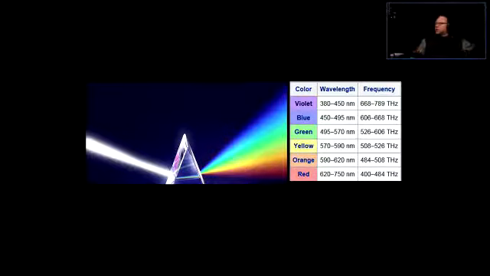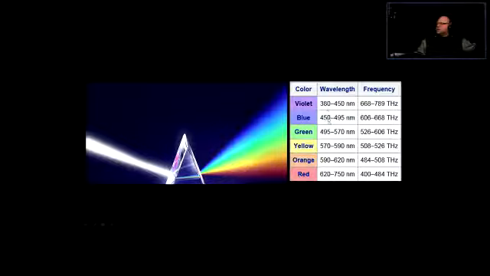Now we go to the other side of things, which is when we talk about frequencies. So this would be somewhere around 668 to 789 terahertz. That's a lot of hertz. Now then we go blue, green, yellow, orange, and red.